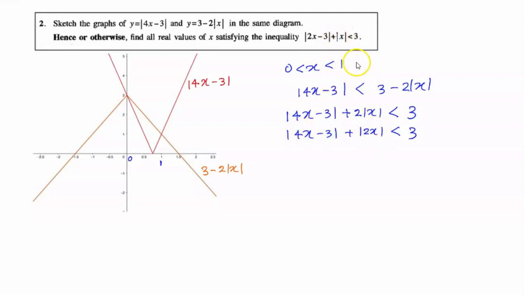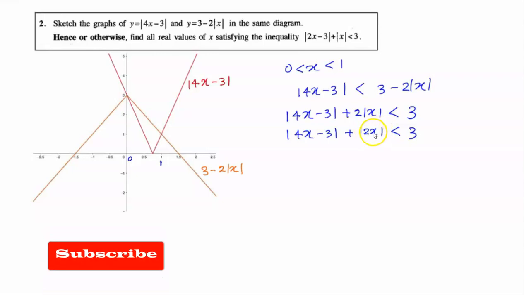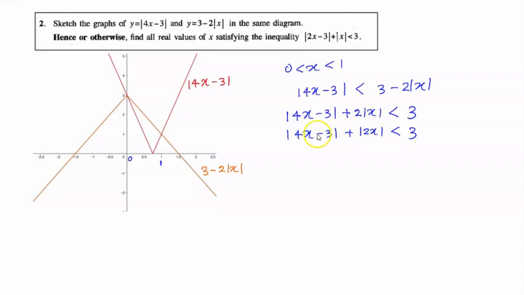So how do I make this look like that? I have a 2x, and to make it look like x, if I replace this x with x divided by 2, these 2's will cancel and I'll get the x. If I replace this x with x over 2, then I'll have to do the same here. And what does that do? If this is x over 2, that's going to cancel the 4 and give us the 2x. And now we have it. Let's do that. So we replace x with x over 2.